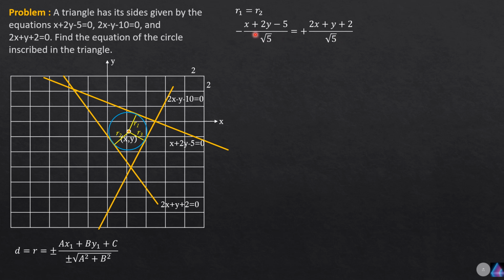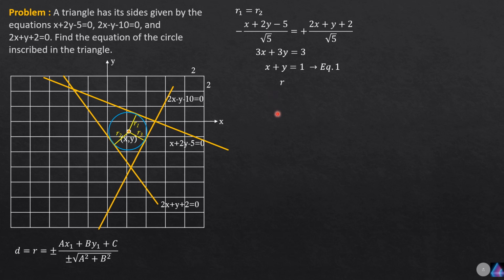Then we have negative x minus 2y plus 5 equals 2x plus y plus 2. Combining, 2x plus x is 3x, y plus 2y is 3y, and 5 minus 2 equals 3. Dividing everything by 3, x plus y equals 1. Call that equation 1.